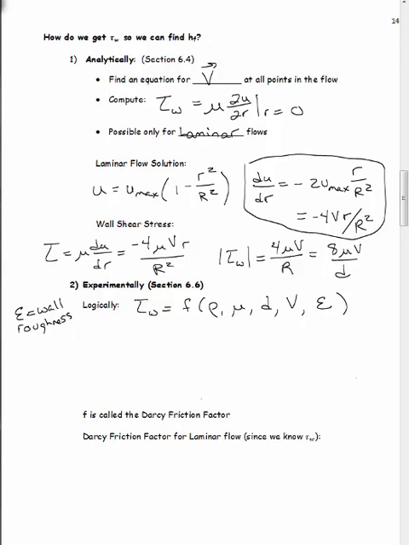Turns out wall roughness doesn't really matter for laminar flow, but for turbulent flow it is important. If we go through our whole pi group method, the Buckingham pi method, we're going to come up with tau at the wall over rho v squared equals a function of Reynolds number and epsilon over d, because epsilon is a length scale.